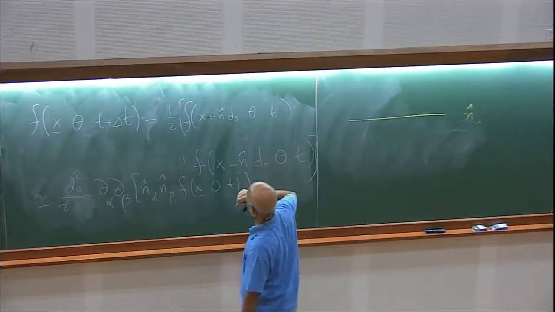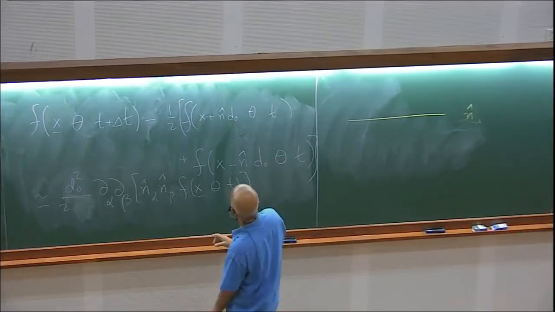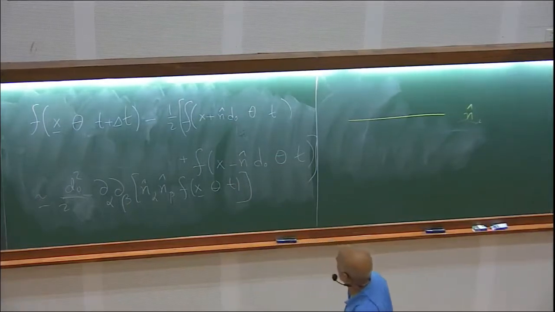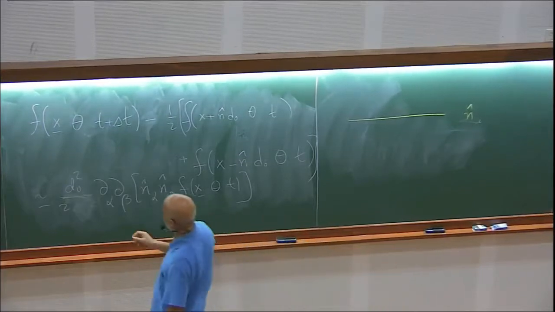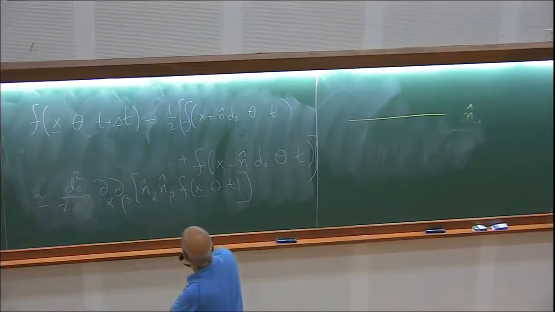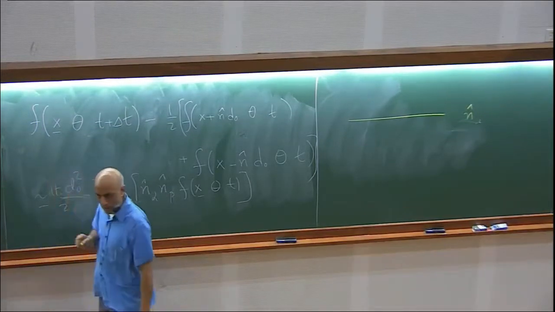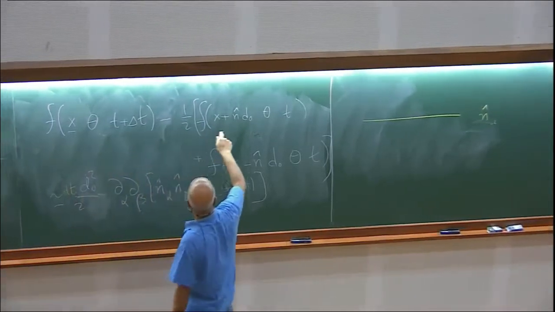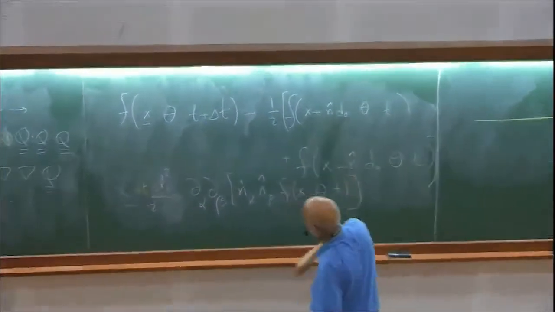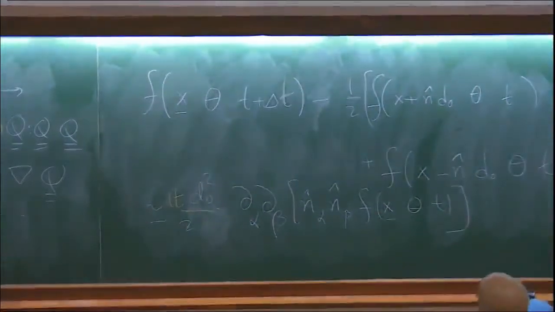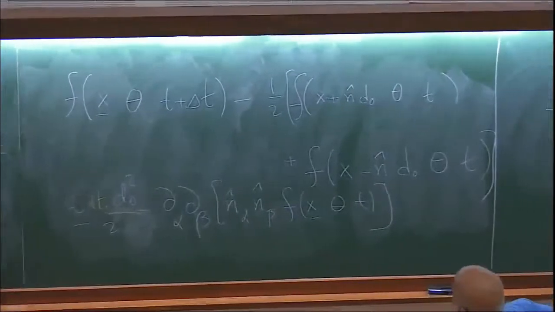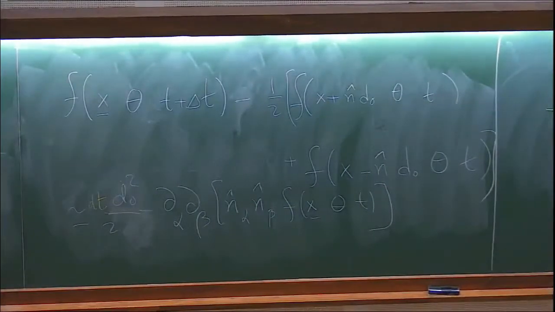So I think I've done it correctly. Let's just check. I guess I have to have a dt outside, don't I? I probably want a dt outside, and then when I divide, is that right? I'm really bothered. I guess that's correct, right? I'm doing something wrong here.